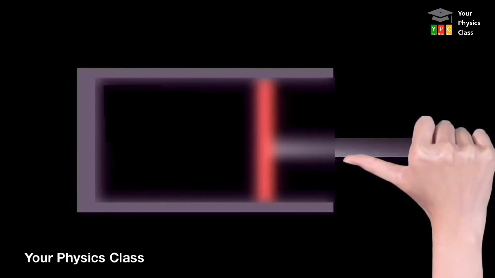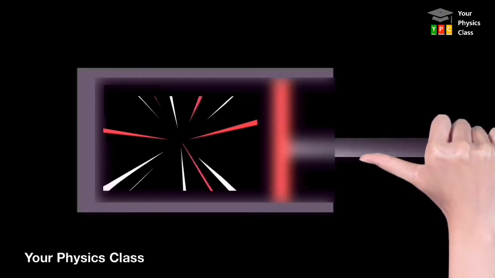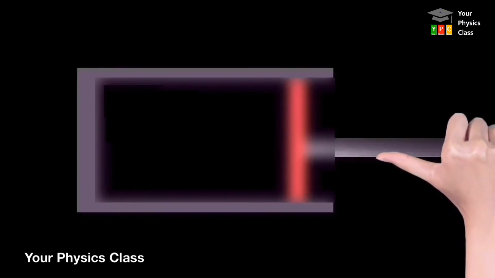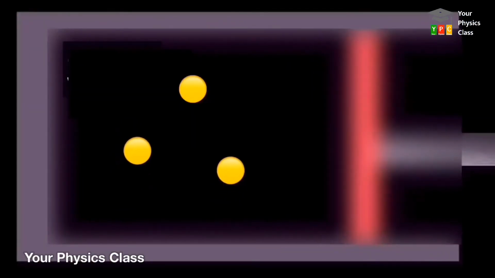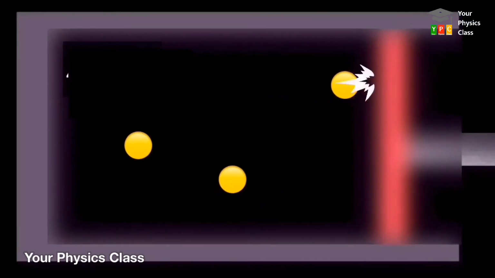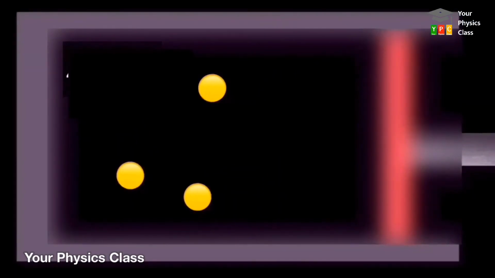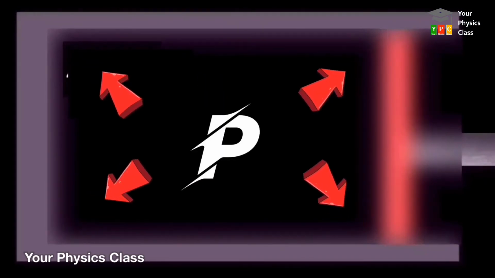To understand the law, come back to our system. As the piston is moved out, the gas gets expanded. During the expansion of gas, molecules of the gas strike the piston and therefore lose their momentum to it. As a result, the gas exerts pressure on the piston.